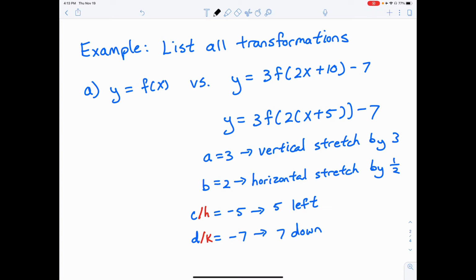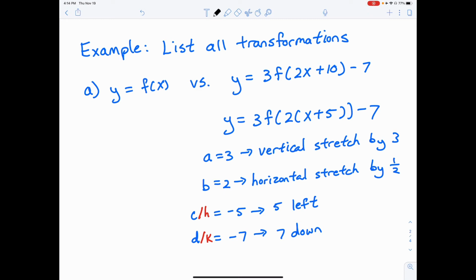So if we go back to our previous explanation of each component, we'll see here that A has a value of 3, and that represents a vertical stretch by 3. The B value here is 2, which tells us it's a horizontal stretch by 1/2. So anything with relation to horizontal is normally the opposite of what you see, all right? In this scenario, B, if it's 2, you do the reciprocal, so that's how we get by 1/2.